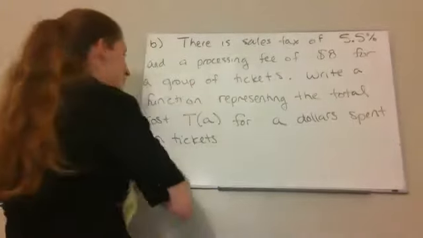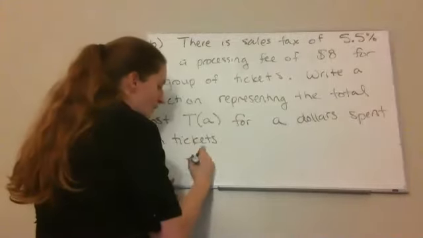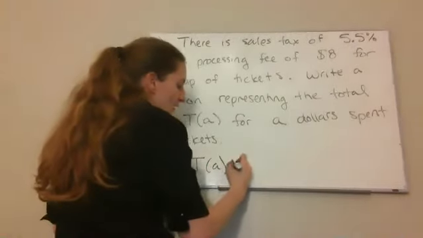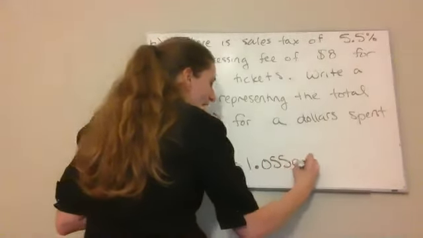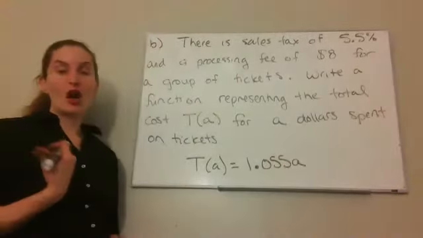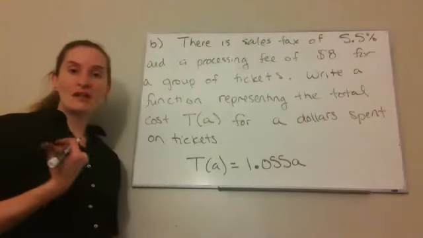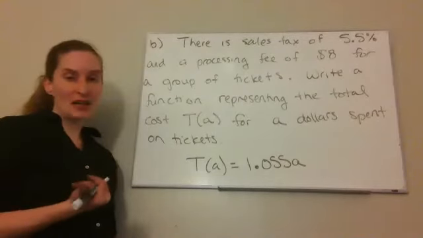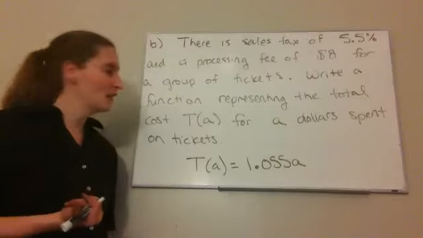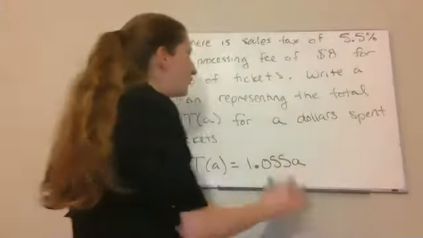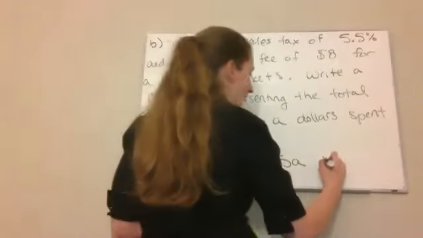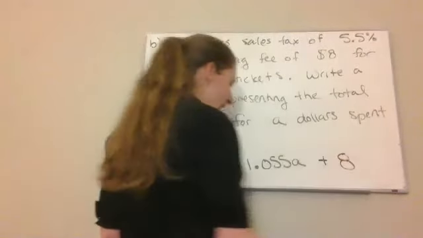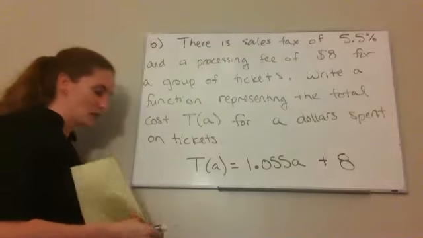So I'm actually going to have my total cost is equal to 1.055A. That is the cost of my A plus 0.055 times A to get me my sales tax. So it's 105.5% of my A. Then I also have to add my flat fee of $8.